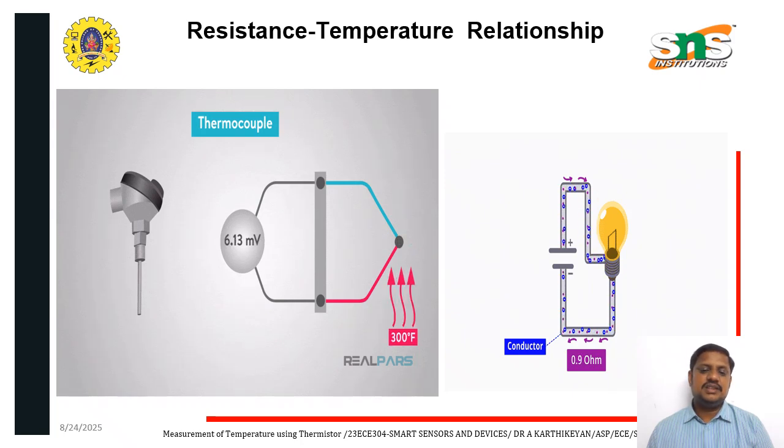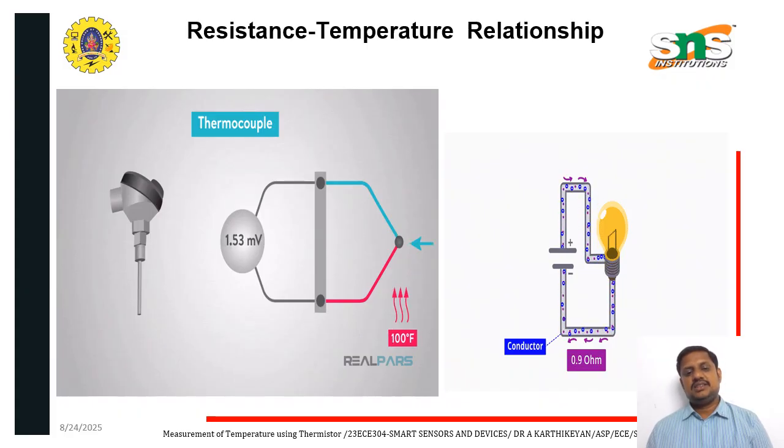Based on the temperature, it produces electric output voltage. At 100 Fahrenheit it produces 1.53 millivolt, and at 300 Fahrenheit we have 6.13 millivolt. That is called a thermocouple, and this is its structure that we can connect here.